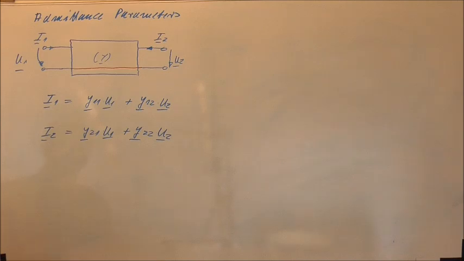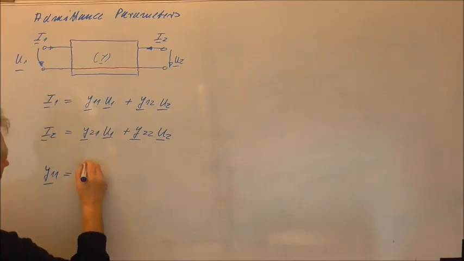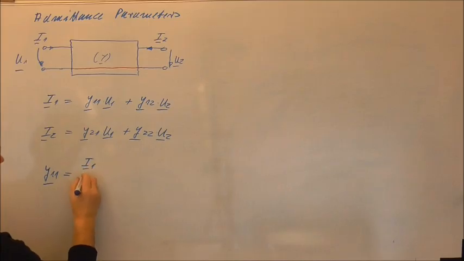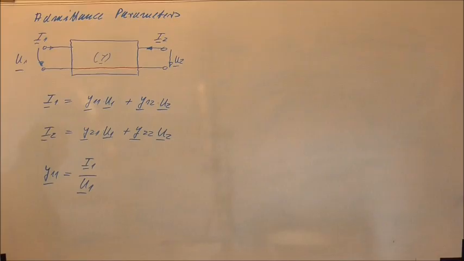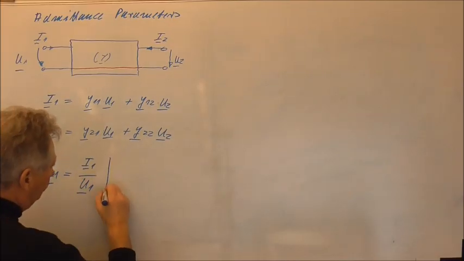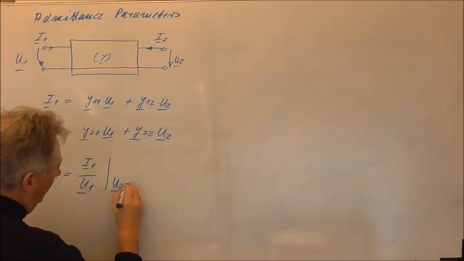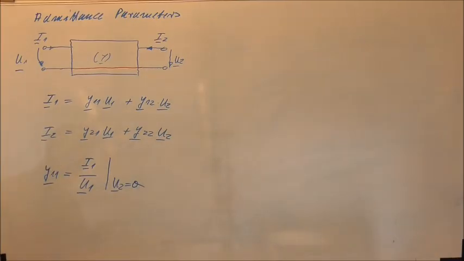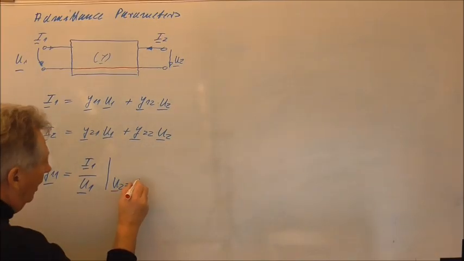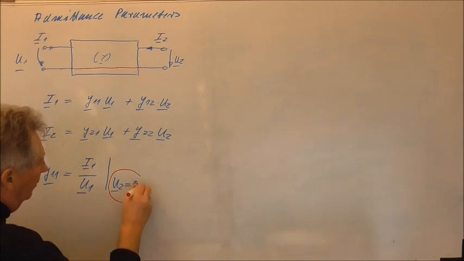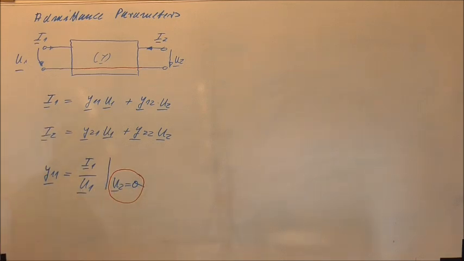With the help of this equation, we can find for the Y parameter Y11 that this is the ratio between I1 over U1, but only under the circumstance that U2 is 0. And this is one of the problems which will arise when applying the Y parameters at very high frequencies. So we will come to this later.